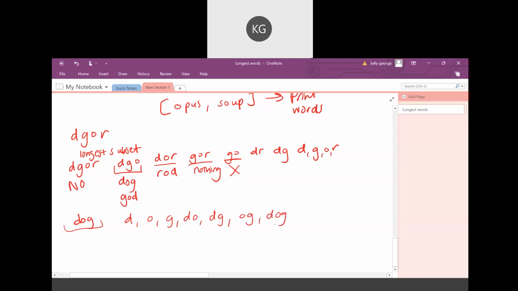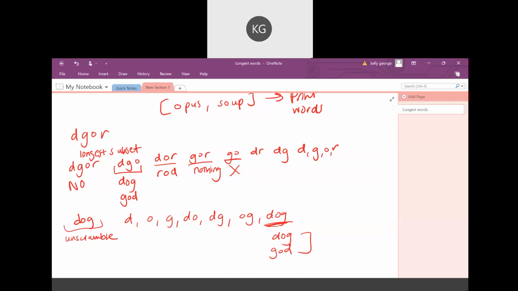And then dog. So when it does the longest words, it'll still look at this and it should return dog, but it would also have to return God, because that's also, if you unscramble this, that's another word you can make from those 3 letters.